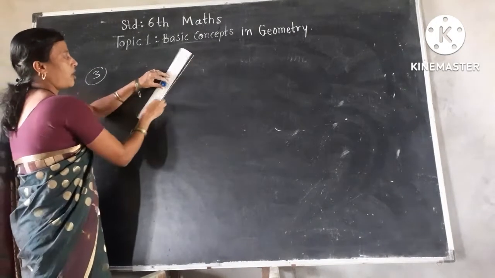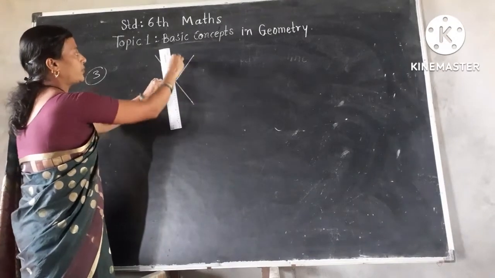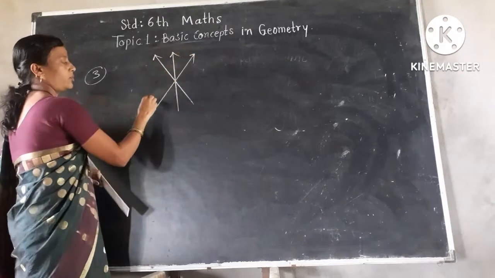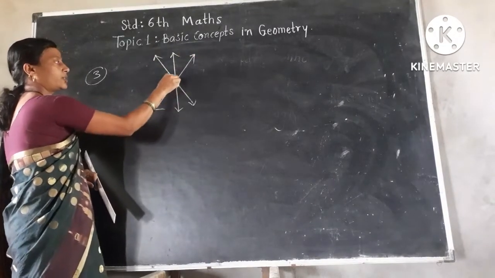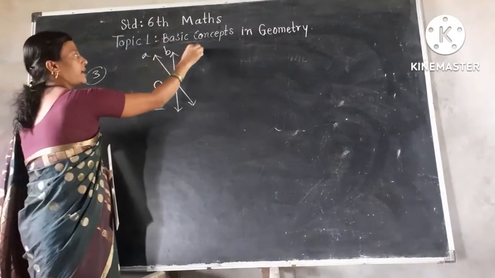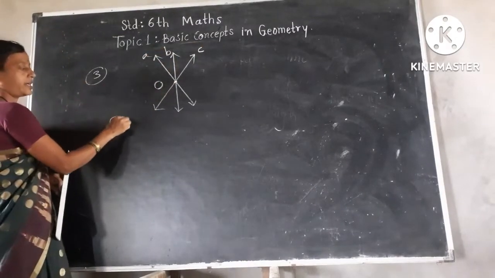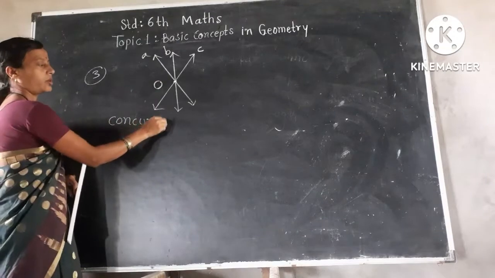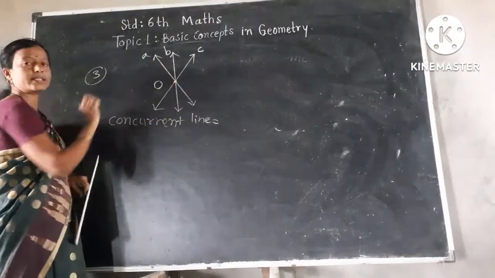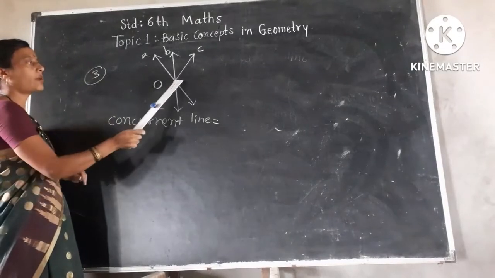If 2 or more lines pass through one point, then these lines are called concurrent lines. Concurrent lines means 2 or more lines passing through one point.